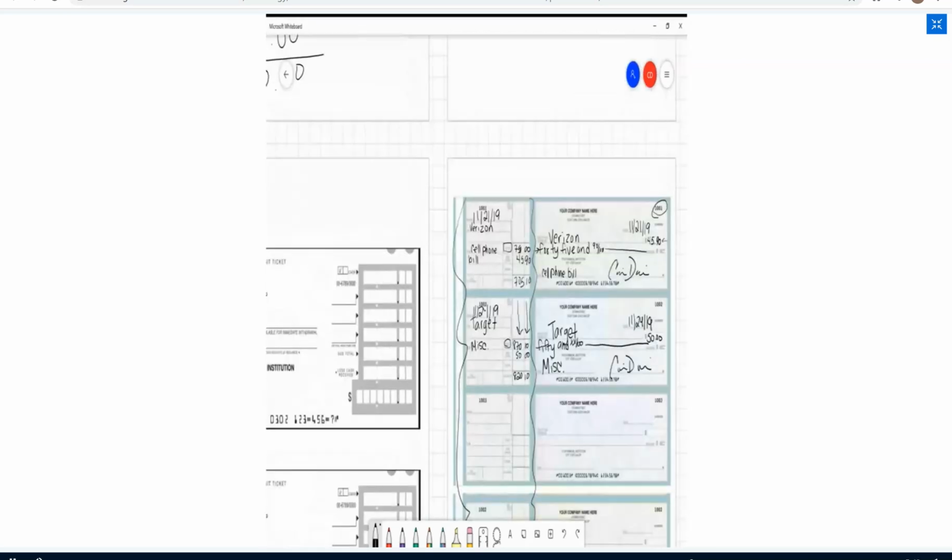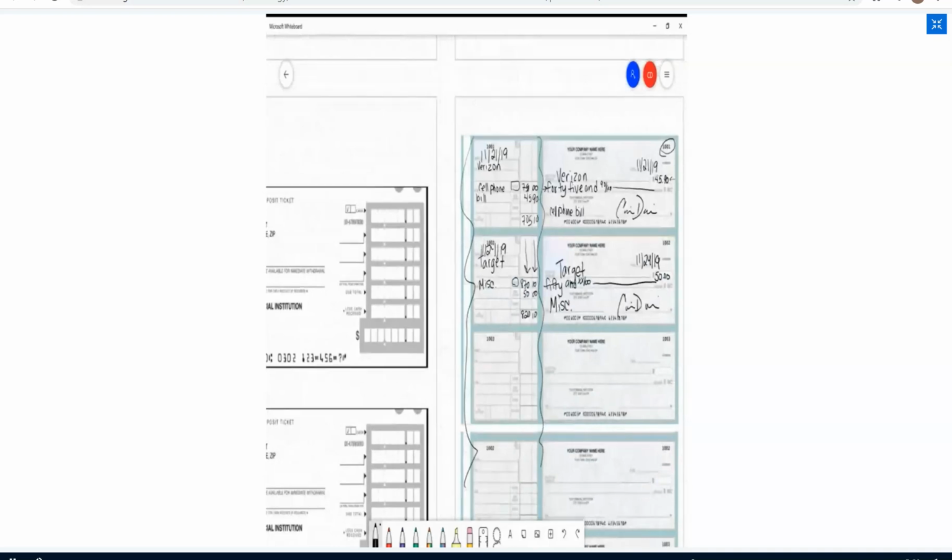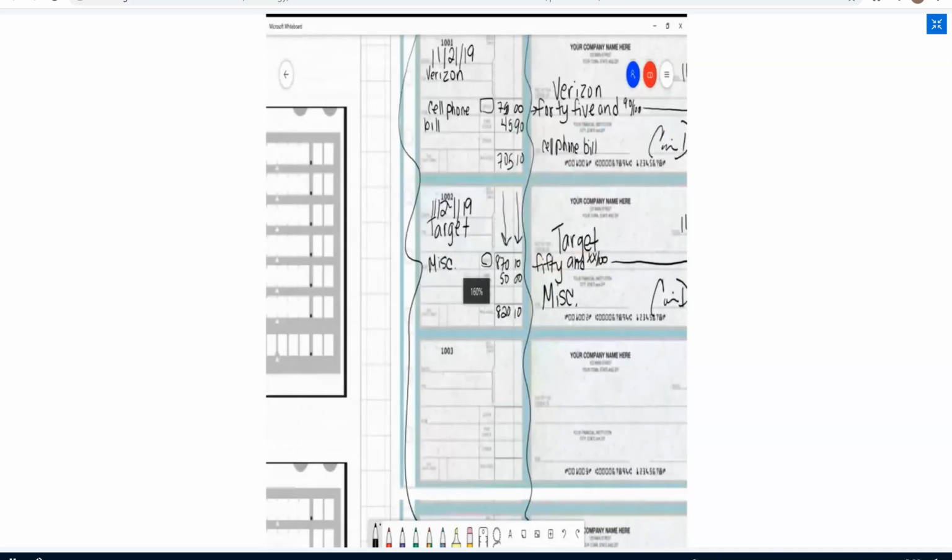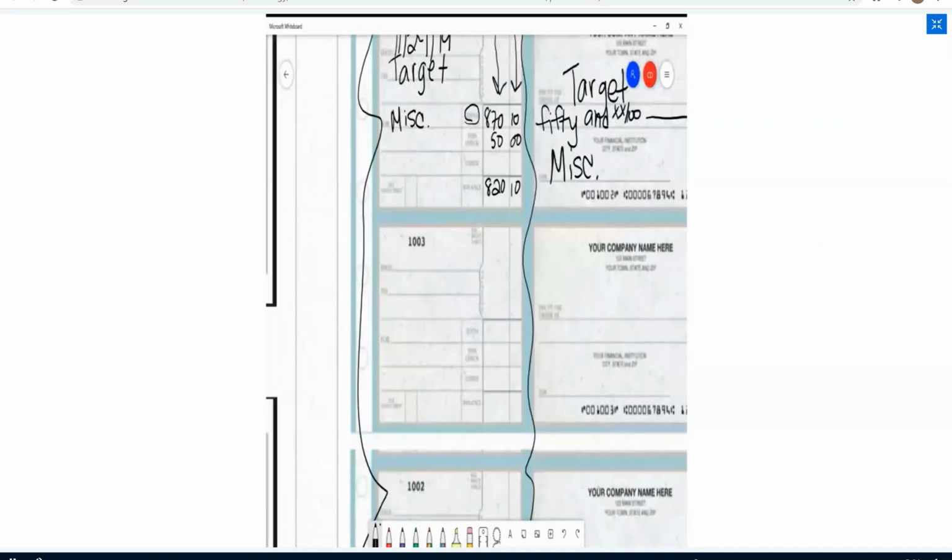We're going to bring in our new total of 840.10. Okay, so this is November 26th. See, look, I wrote the date different on this one. Go figure. To Bobby Joe for, we'll say loan. $15.